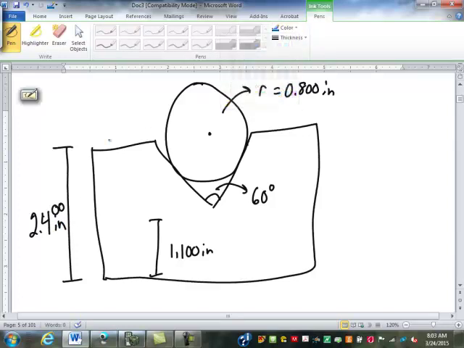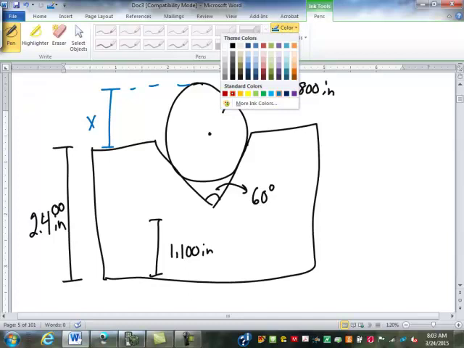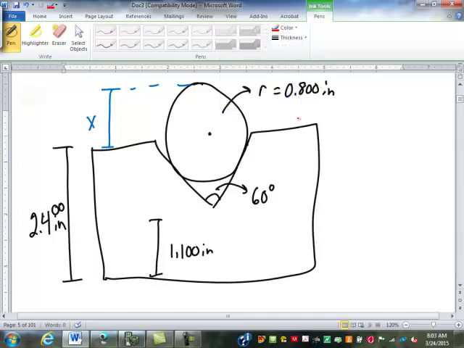What I want to know is, how far does my ball stick up above the top of the V block? So what I really need to find here is this dimension right there. I know this dimension is going to be, well, we'll come back to that. Don't worry about it. Let's find it.